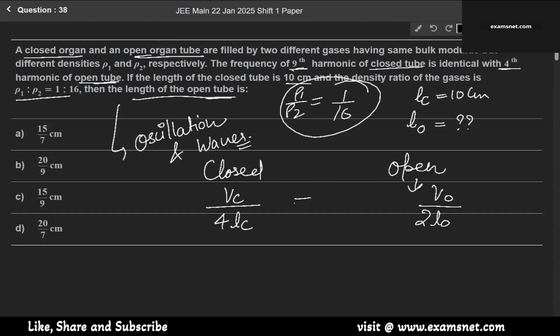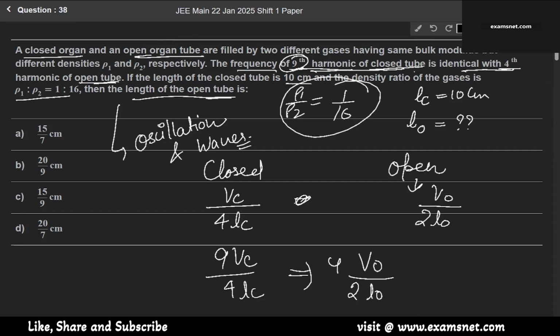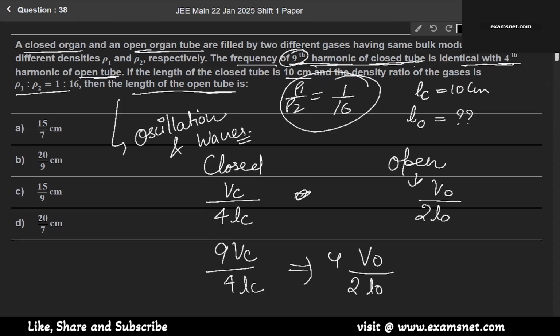Here O is representing open. The question is saying the frequency of ninth harmonic of the closed is identical to the fourth of the open. Ninth means 9 Vc over 4 Lc, equals the fourth one, 4 V naught over 2 L naught.